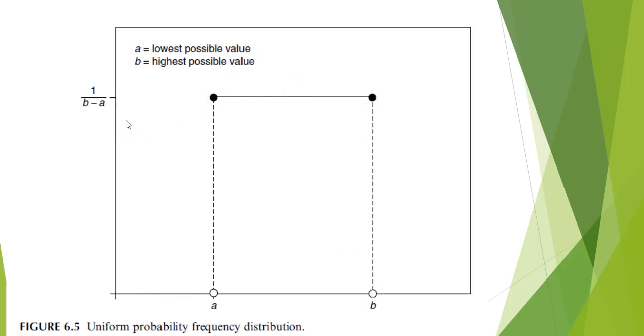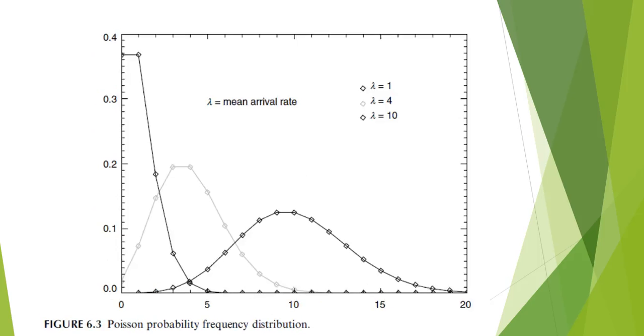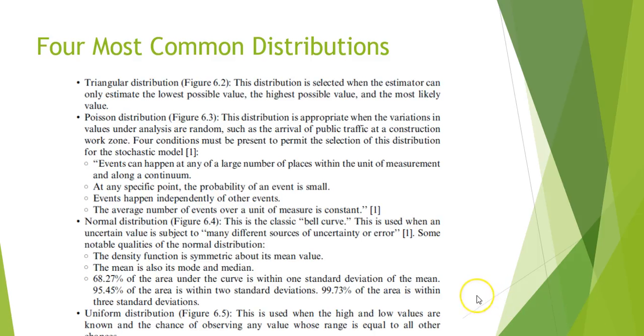The frequency of occurrence is the same all along there, and that value is 1 over (B minus A). This is used when there's a high value and a low value, and the chance of observing any value within that range is equal to all the other values, is uniform, is the same.